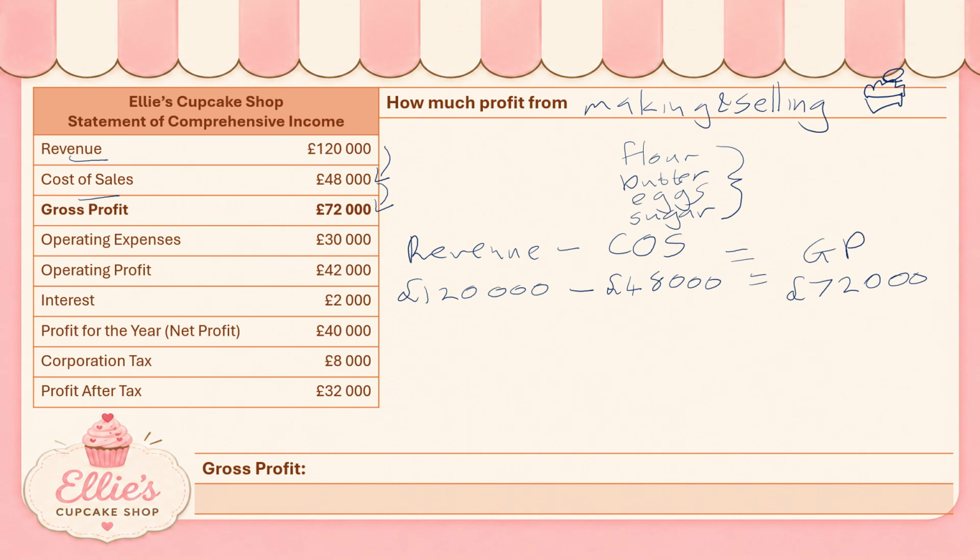So gross profit measures how efficiently a business turns sales into profit after paying direct costs.